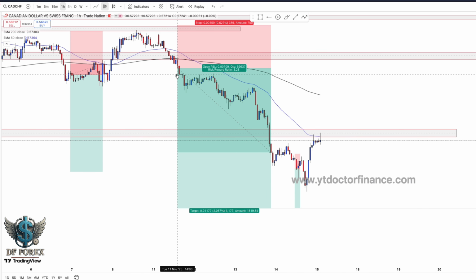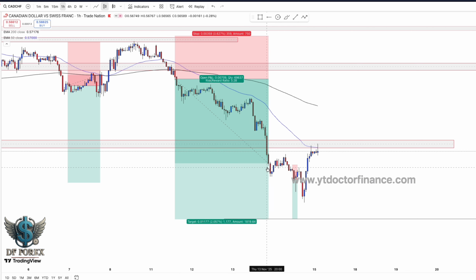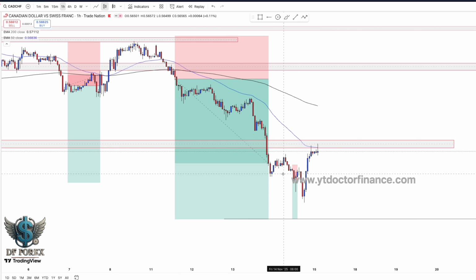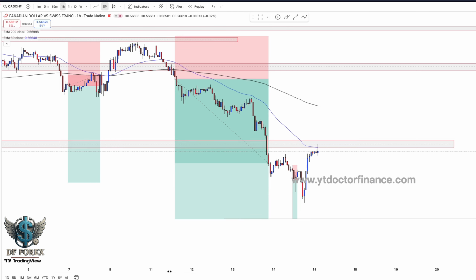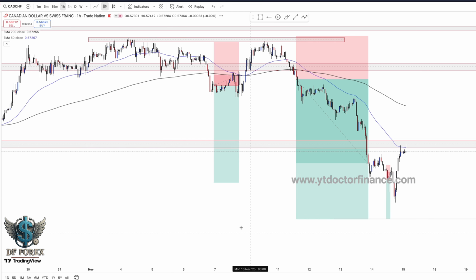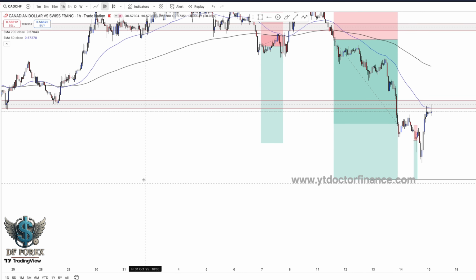This is a 1-hour chart, and you can see the price going down, down, down, and further down. The trade was running from 11th November till 13th November, and I was expecting a small rejection since it was another order block area.